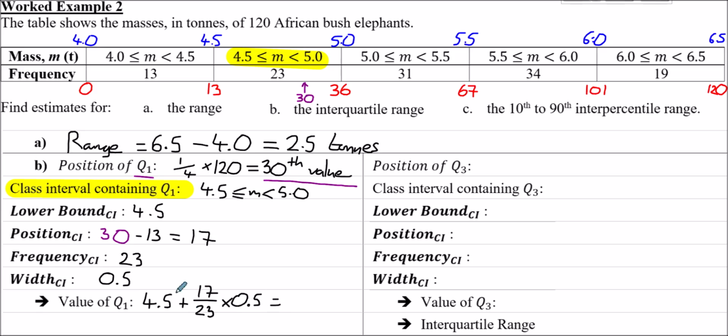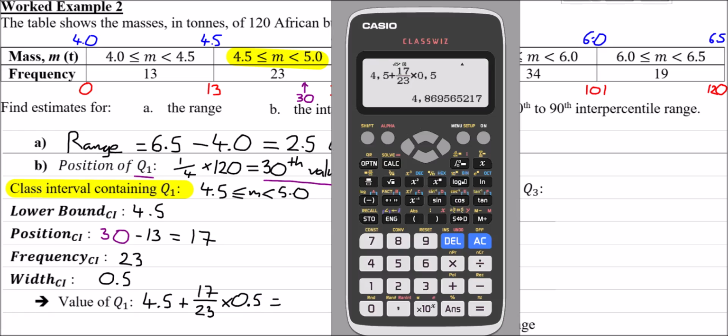In time, I'm hoping you'll start to see this formula is actually quite intuitive. 4.5 plus this fraction of the width. So let's work this out now. 4.5 plus 17 over 23 multiplied by 0.5. To 3 sig figs, we get 4.87 tons.